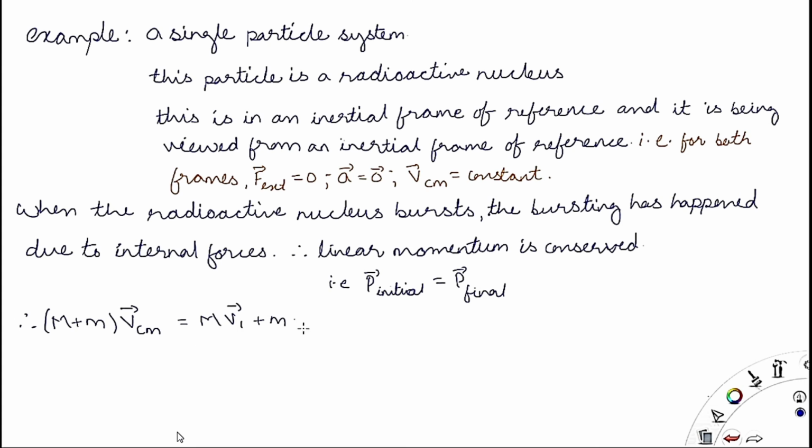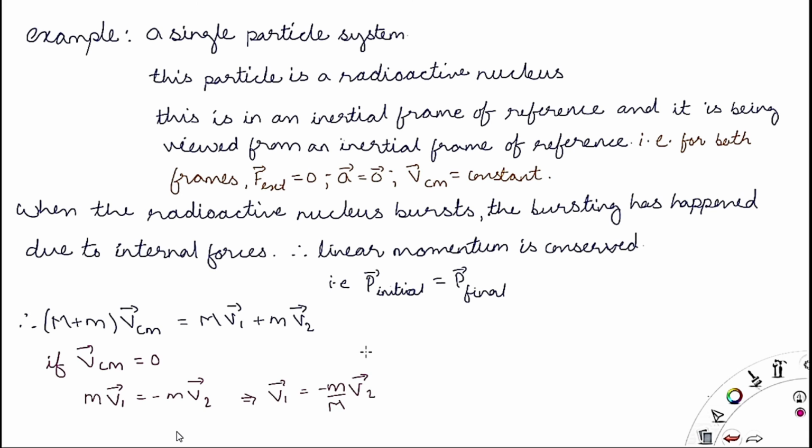So capital M plus small m into VCM, they were together. That's why capital M plus small m into VCM is equal to, finally, capital M will have velocity v1 and small m will have velocity v2. So the summation of final linear momentum will give capital M into v1 plus small m into v2.